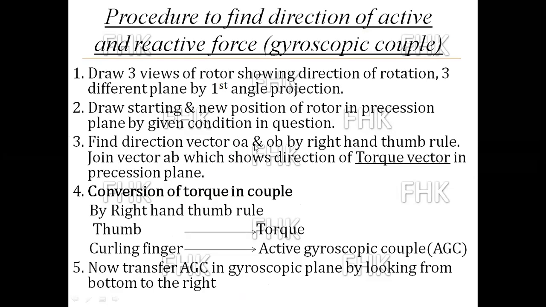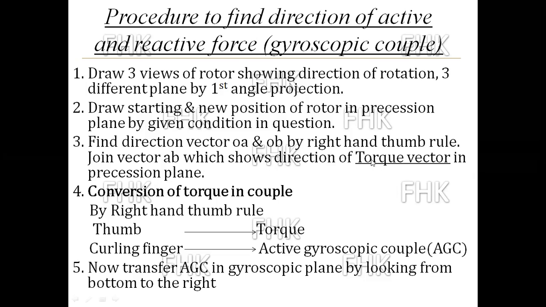Find the direction of vector OA and OB by the right hand thumb rule. Join vector AB, which shows the direction of the torque vector in the precession plane. In the precession plane you will find the torque vector, but the active and reactive couple you can see in the third plane, that is the gyroscopic plane.